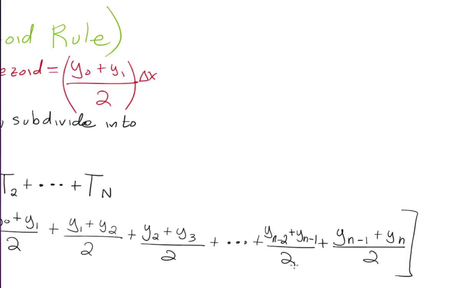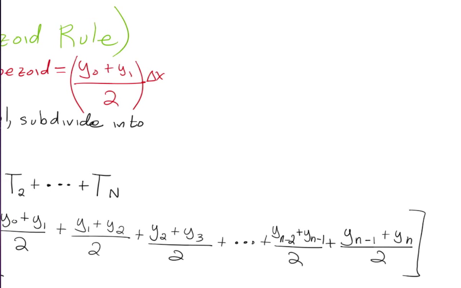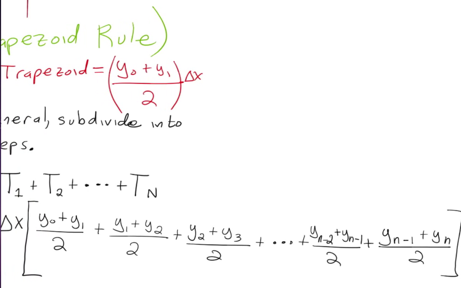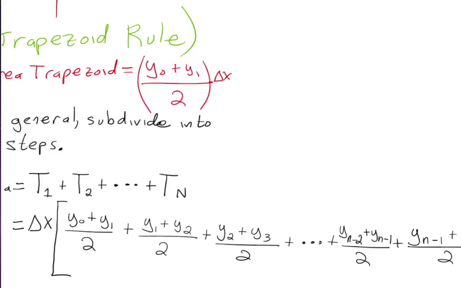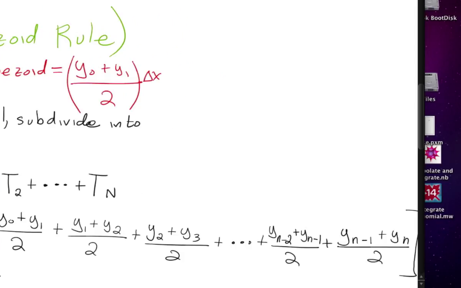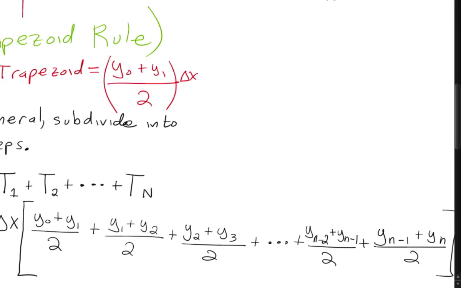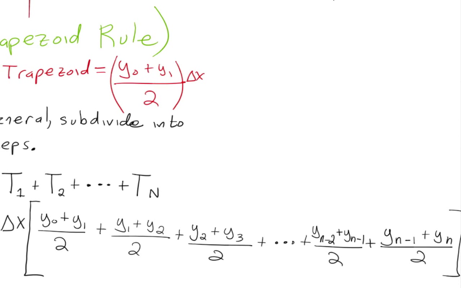So far so good? Okay, now in simplifying this, what do you guys think? How can I simplify that? What do you notice about all these? You can factor out a 1/2, so you get rid of all those 2's.